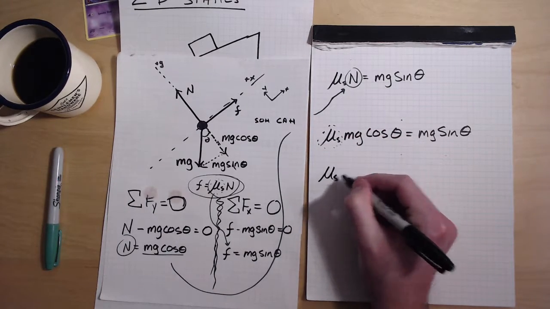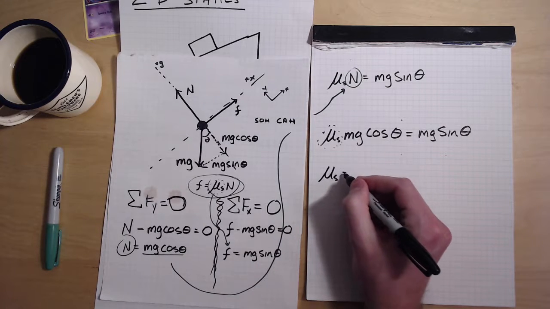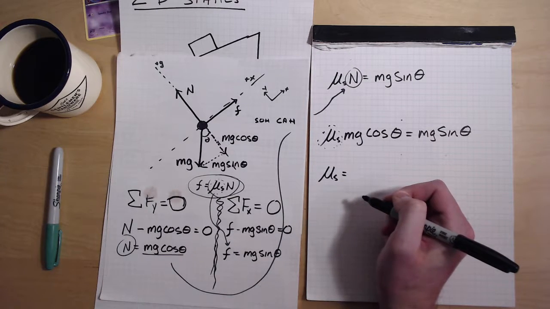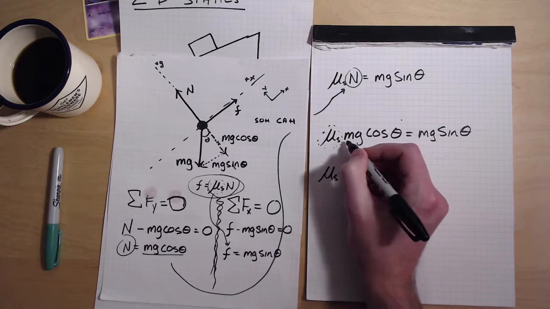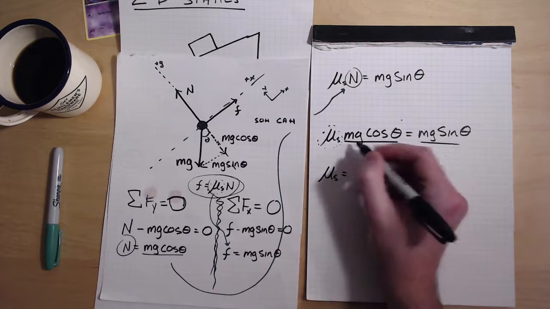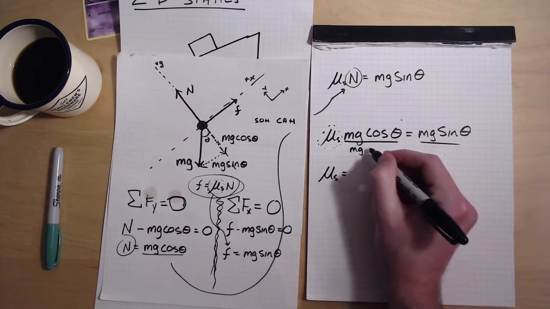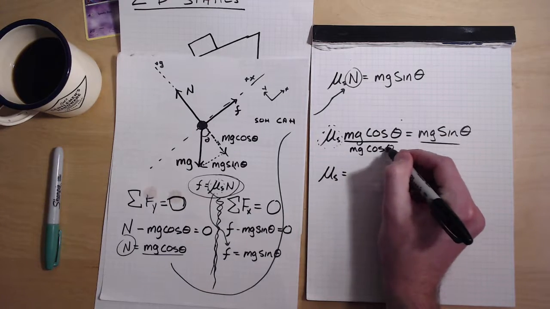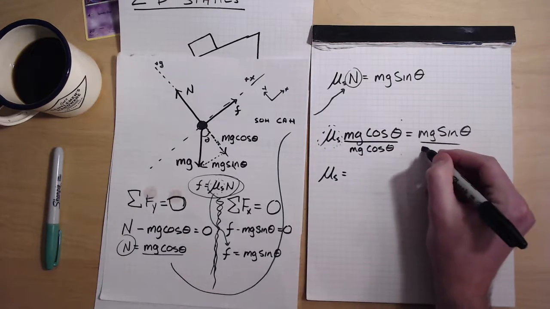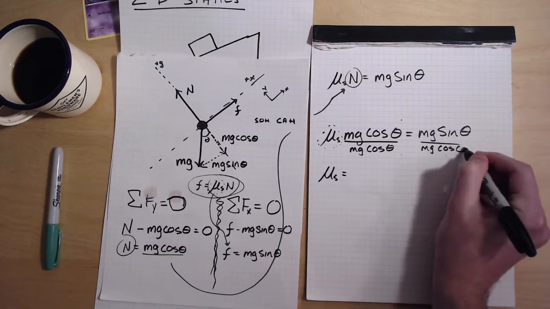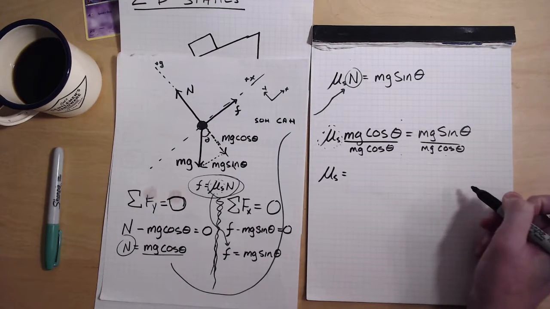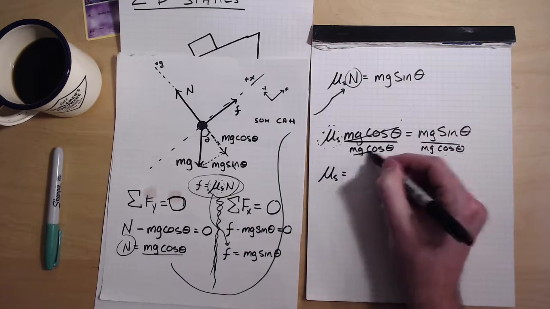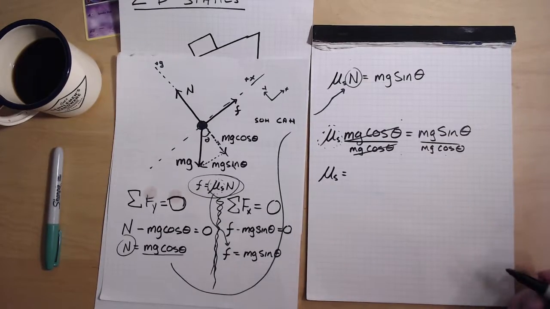So mu s is equal to, we're going to divide both sides by mg cosine theta, because we're trying to get this by itself. So mg cosine theta. Okay, so obviously this all cancels with that, because we're canceling it out on purpose.